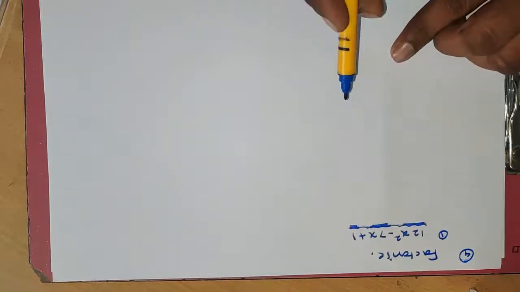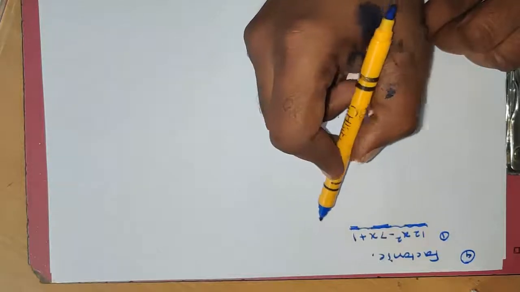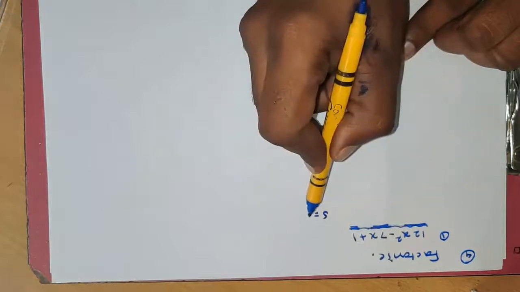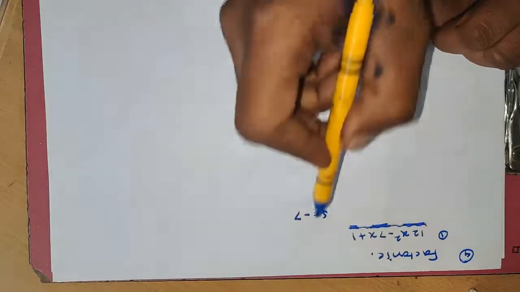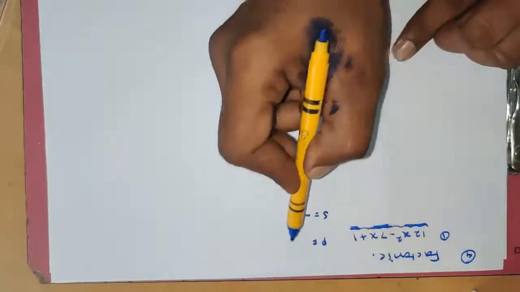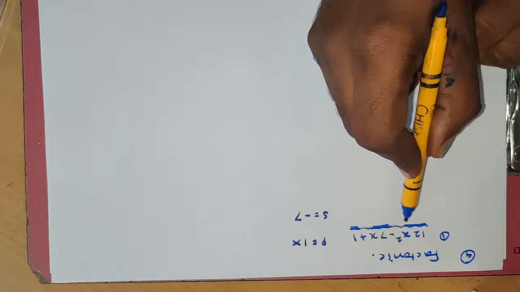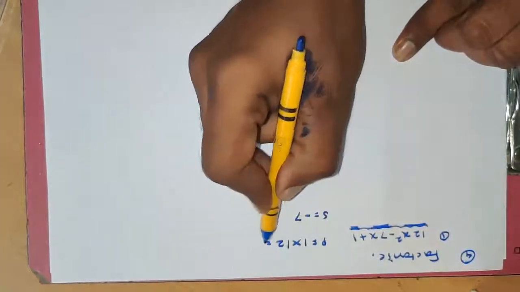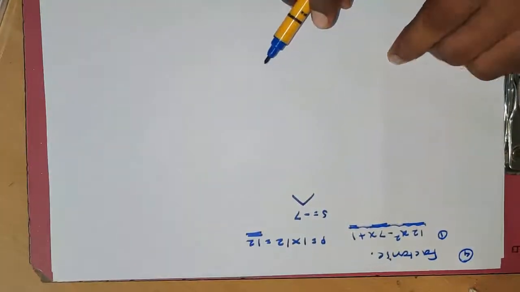Here the conditions are: the sum of two numbers should be the coefficient of the middle term, that is minus 7, and the product of the two numbers should be the last term, that is 1, into the coefficient of x square, that is 12. So 1 into 12 is 12 and the sum should be minus 7.